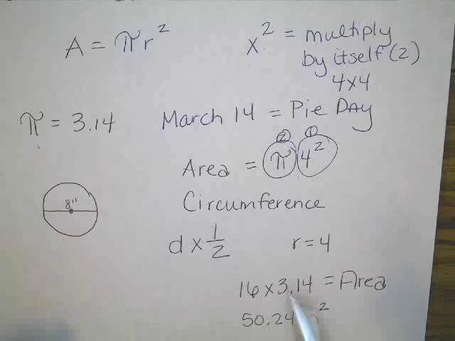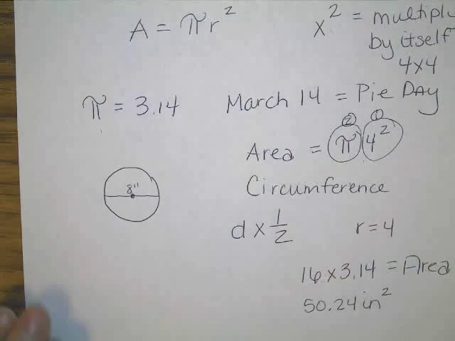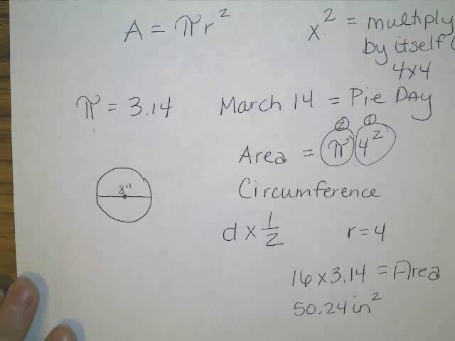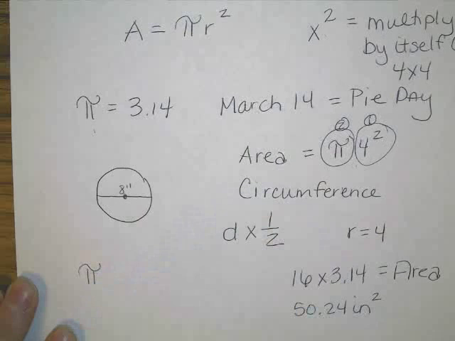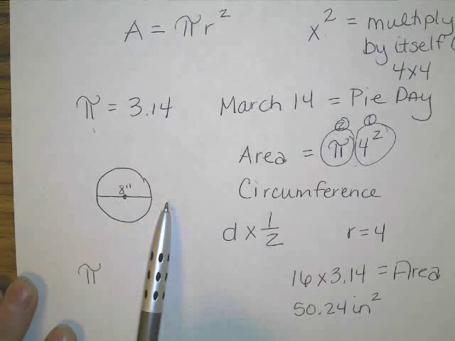So, circumference then. What's the equation, Connie? Pi times D. Okay, so what's D in our world? 8, right?